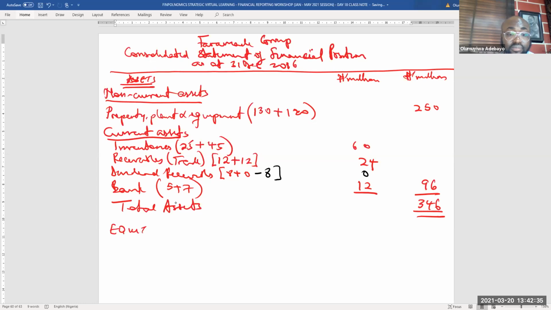Equity and liability. Equity comprises of share capital and reserves.